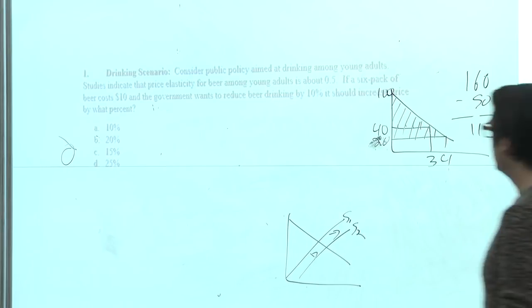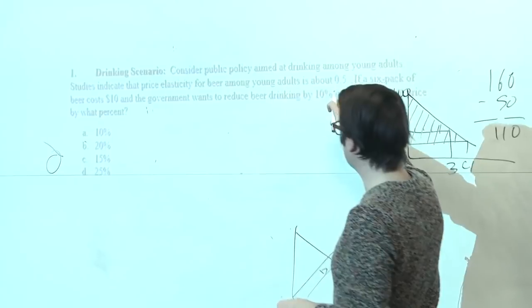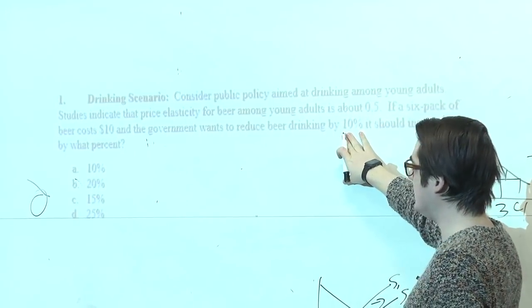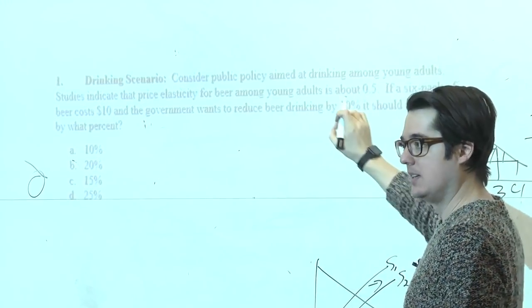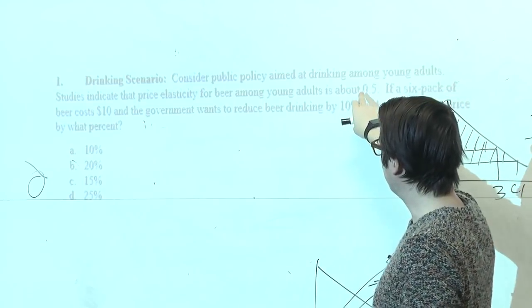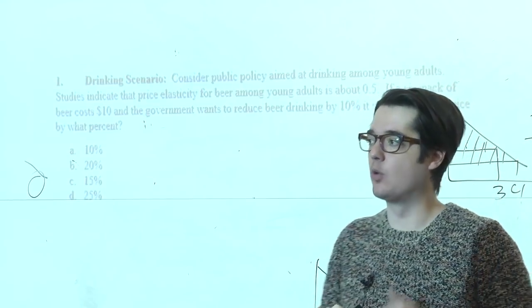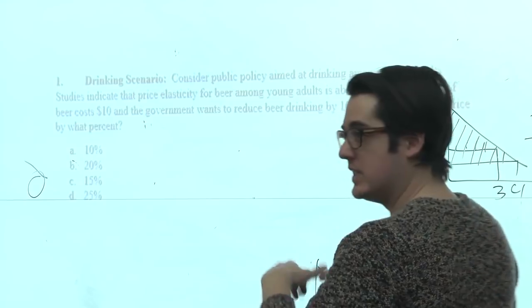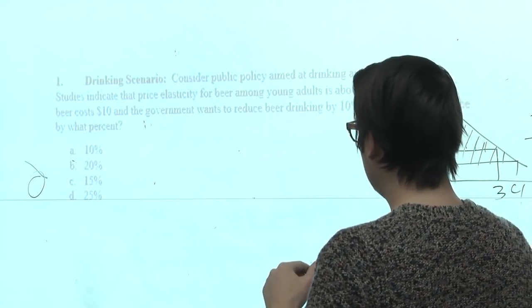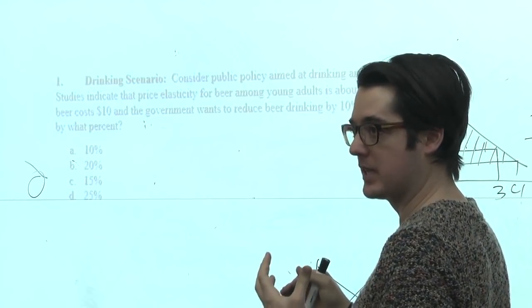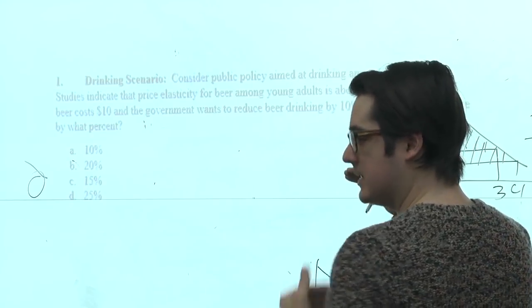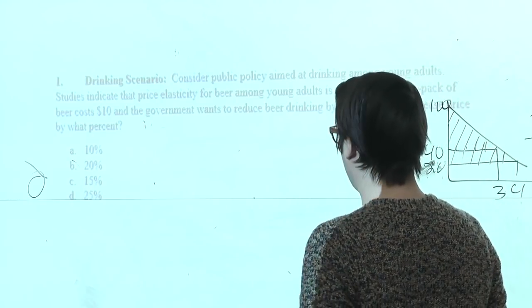Okay, question 1 says that we have an elasticity of 0.5, and we want to decrease beer consumption by 10%. So this 0.5 means that a 1% change in price will decrease your quantity consumed by 0.5%. So a 1% increase in price decreases your quantity by 0.5%.